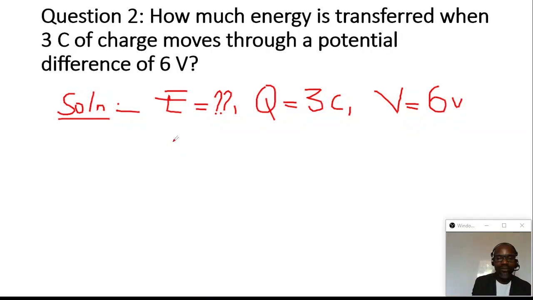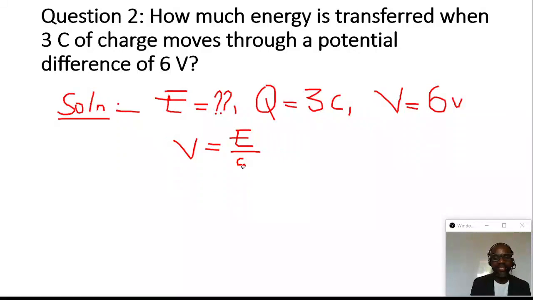We are going to recall that potential difference is given as V equals E, right? Representing energy, all over Q representing charge. Okay? Let's do something better here. Representing charge.